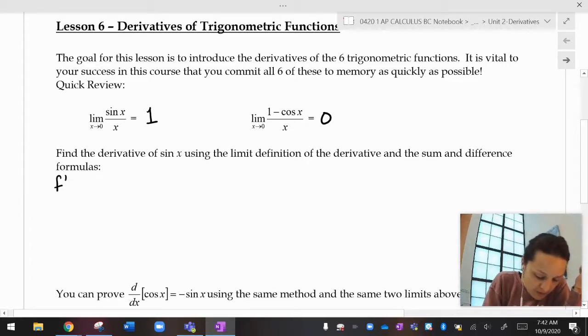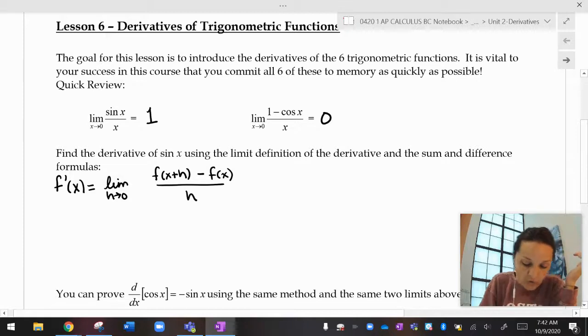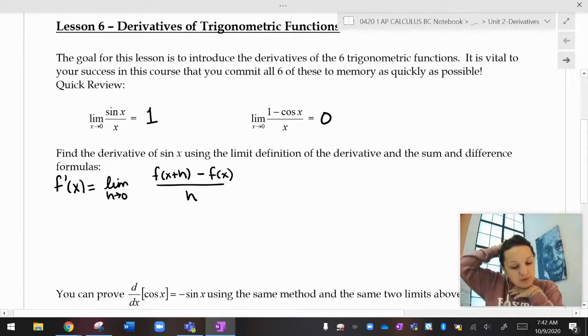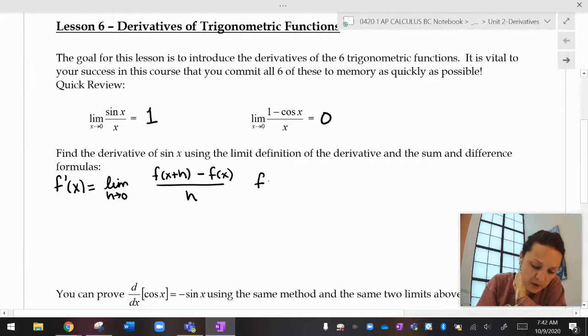So the limit definition of the derivative is the one that says f prime of x is equal to the limit as h approaches 0 of f of x plus h minus f of x all over h, because that's really delta y over delta x. So if I want to find the derivative of the sine function, I'm going to call the sine function f of x.